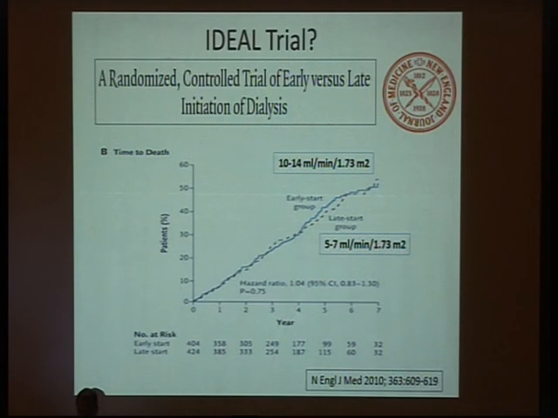And then came the IDEAL trial. The IDEAL trial compared early start dialysis at GFR 10 to 14 milliliters per minute compared to late start at 5 to 7 milliliters per minute. And as regards mortality, both groups showed no difference.